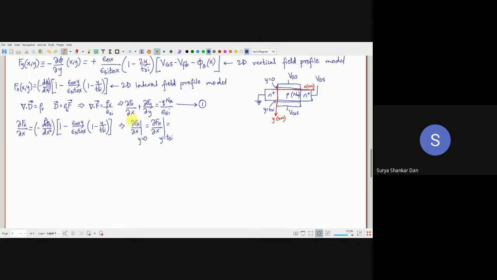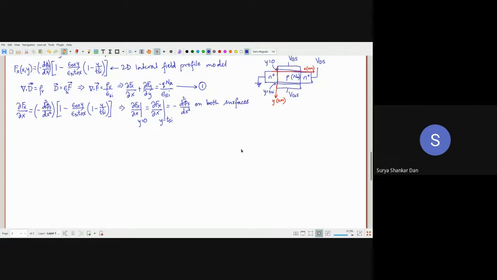So basically del fx del x is always equal to minus, ठीक है?